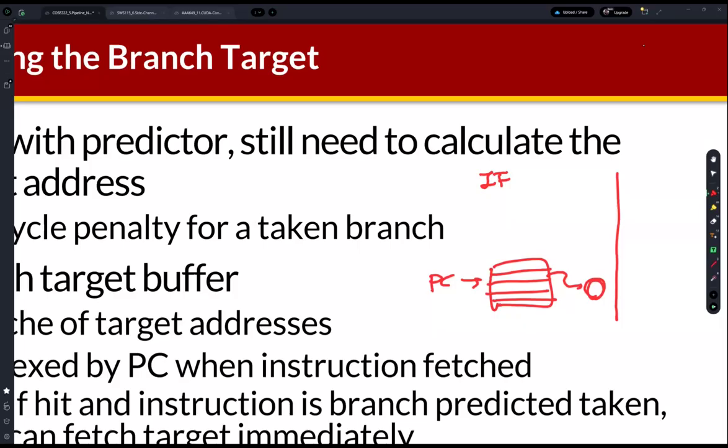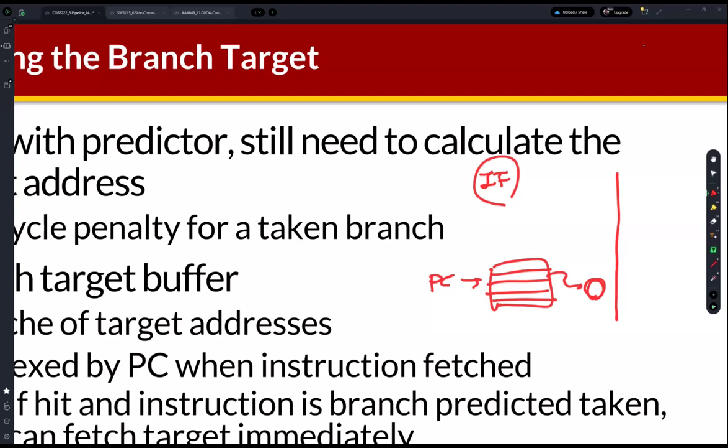We can get the predicted result of the branch instruction in the instruction fetch stage. Even though it is a predicted result, we can get the result of a branch instruction very early.